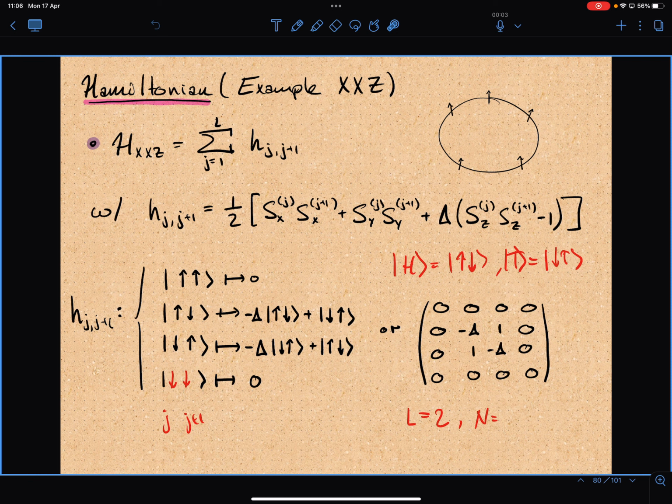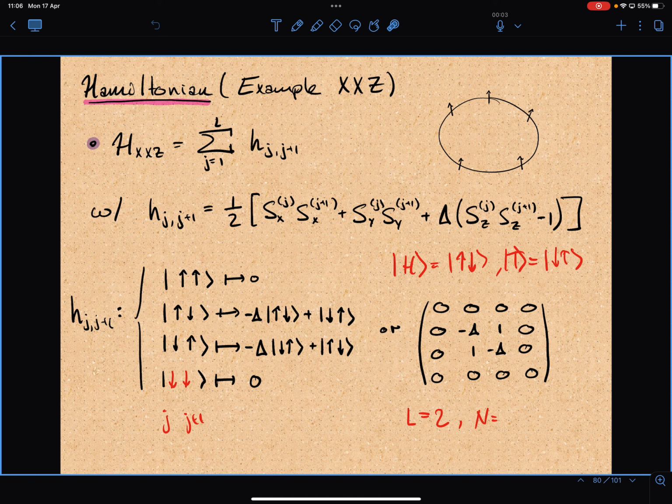So maybe you'll catch me changing the wording, but when I say particle, I mean upspin. So nothing tends to happen, and when there's an upspin and downspin, then it's trying to flip to a different configuration. It's trying to switch the flips, and also in the other direction. And then when there's two downspins, two holes, nothing happens.